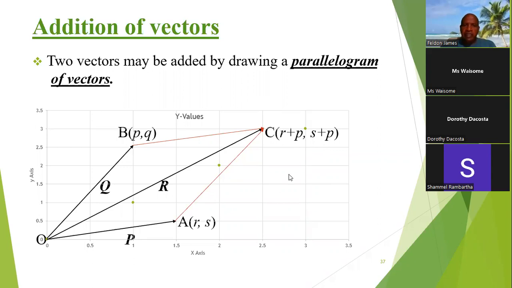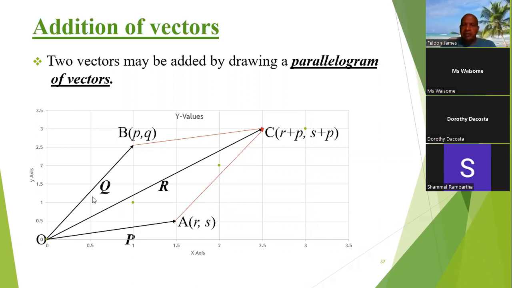So as I was saying earlier, we talk about a position vector starting from the origin at 0, 0 on your graph, and it goes to the endpoint where you have the coordinates at that endpoint.